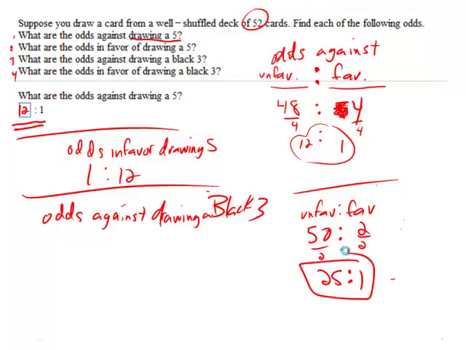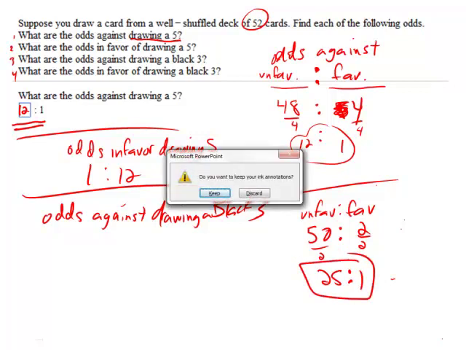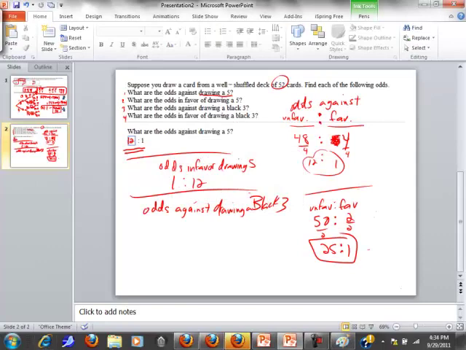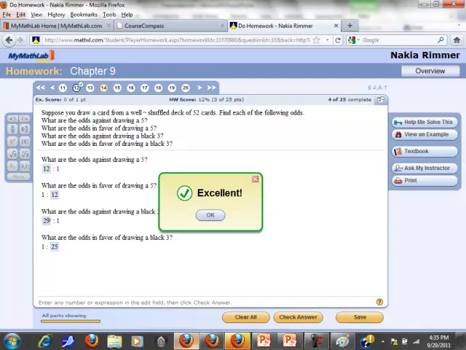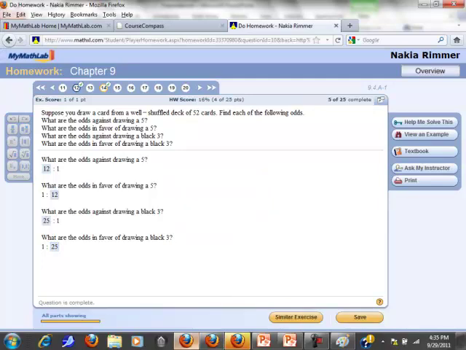I gotta double check it though. Make sure that's what they want. Is that what they want? Yeah, to 1. So we're saying it's 25 to 1. Good. And then flip it. 1 to 25. Okay. That one wasn't as bad.